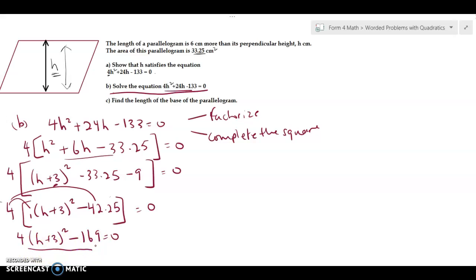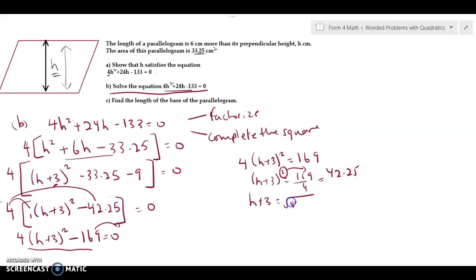But now they have said to solve, so I need to send over everything. So I'll get 4 h plus 3 squared is equal to positive 169. Sorry. H plus 3 squared would be 169 divided by 4, which would be 42.25, and then I take the square root, because the opposite of squaring is square root.